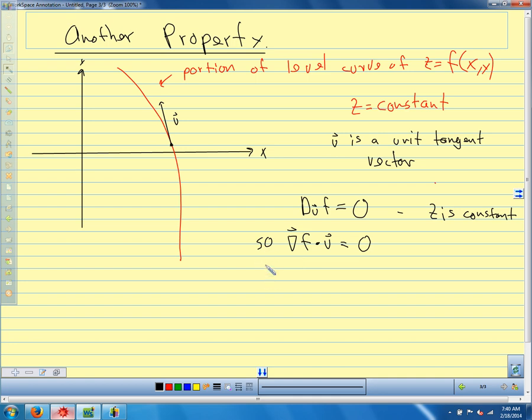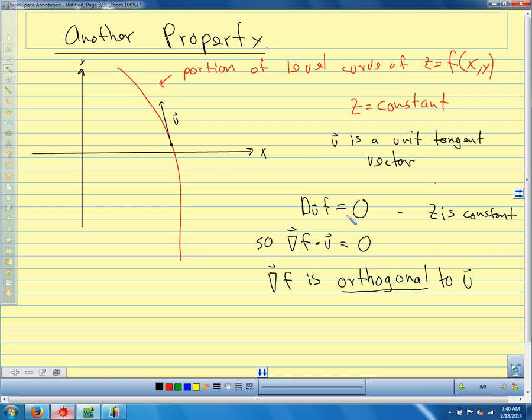So del F is orthogonal to u. And u was any arbitrary unit tangent vector on the level curve. So del F is going to be orthogonal to any level curve. Or we call it normal.